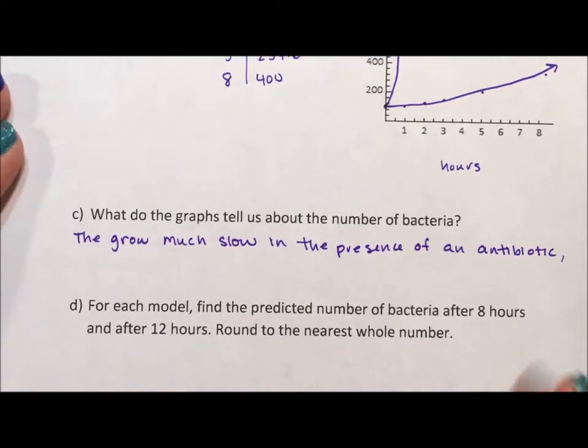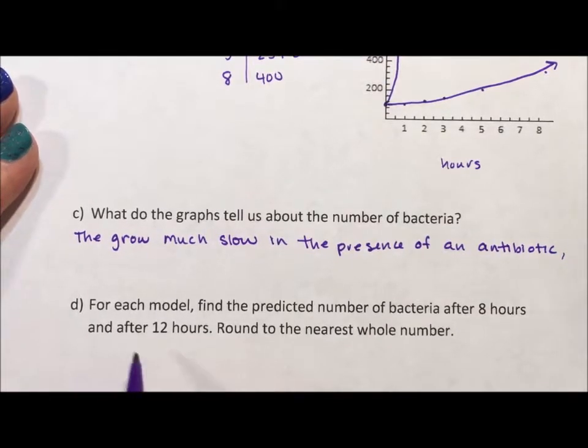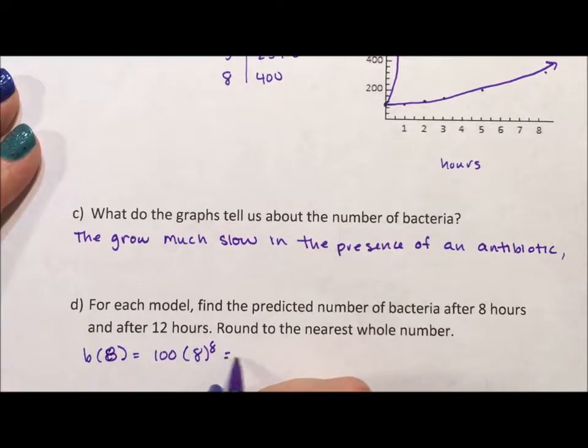For each model, find the predicted number of bacteria after 8 hours and after 12 hours, rounded to the nearest whole number. For the first one, B of 8 equals 100 times 8 to the 8, which is 1.68 billion.